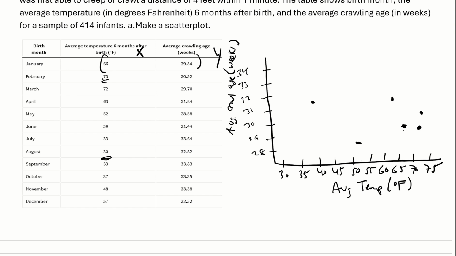Okay, 33 and 33.6. All right, 30 and then 32.8. Uh, 33 and 33.83.